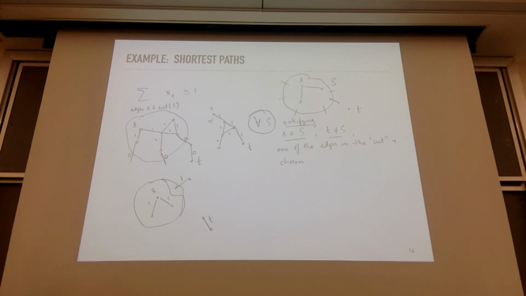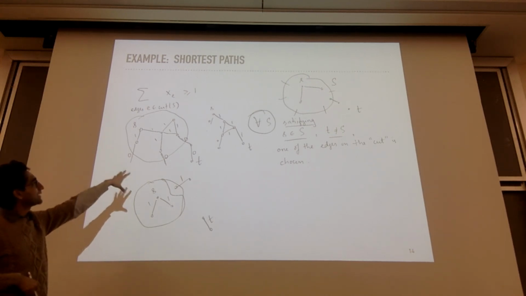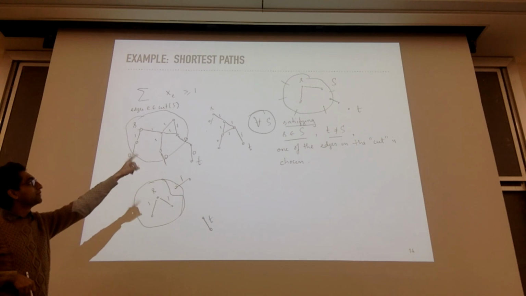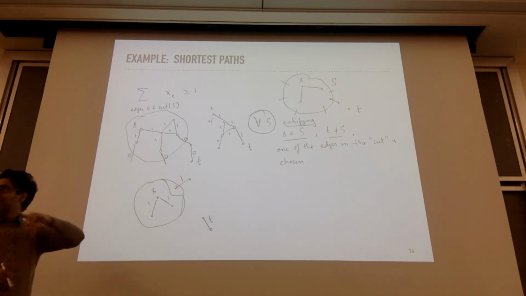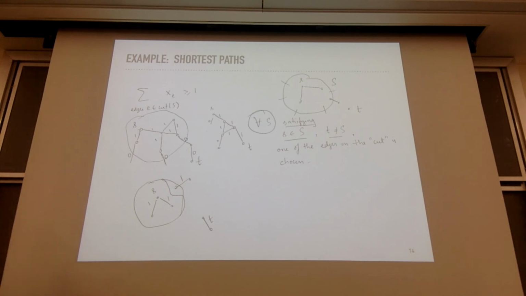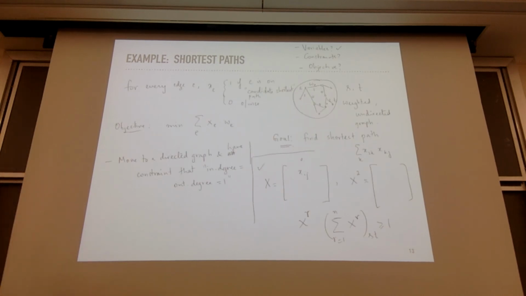In fact, this turns out to be a nice connection to flows and cuts. This formulation is exactly like saying that the minimum cut going between S and T in the set of 1 edges is at least 1. Okay, and moving to a directed graph and having a constraint that in-degree equals out-degree is exactly like saying there's a flow of at least 1. Okay? And both are equivalent to saying there's a path.